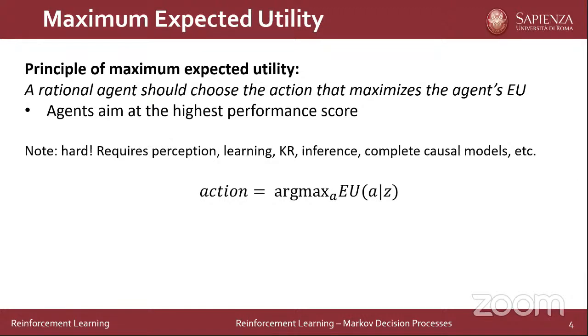In practice, this is very, very hard to do, because first of all, you need to be able to get a good estimate of this utility, given you're not only observing it in expectation. And if you're dealing with a robot, you need to do perception, you need to do learning eventually, you need to use inference models and all of this.